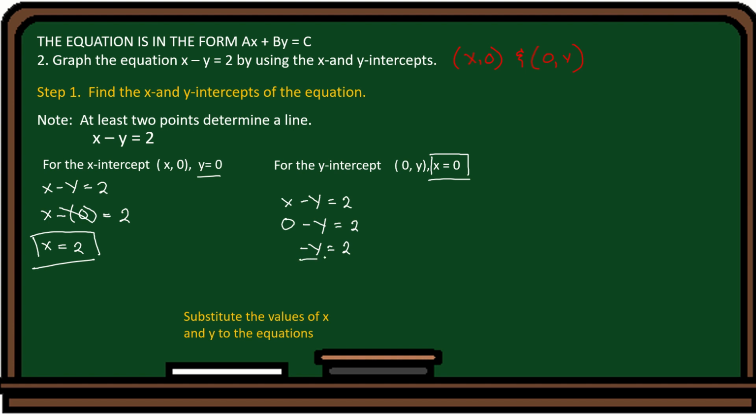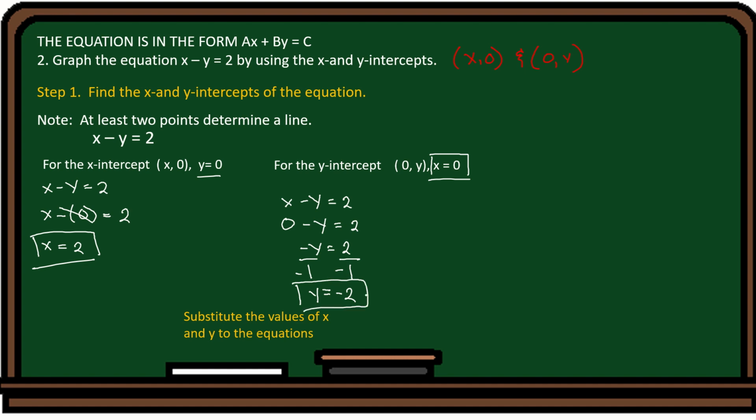You can divide both sides by negative 1, because your numerical coefficient here is negative 1. So you will now have a positive y. Then divide 2 by negative 1, so you have negative 2. So now you already have the value of your y.